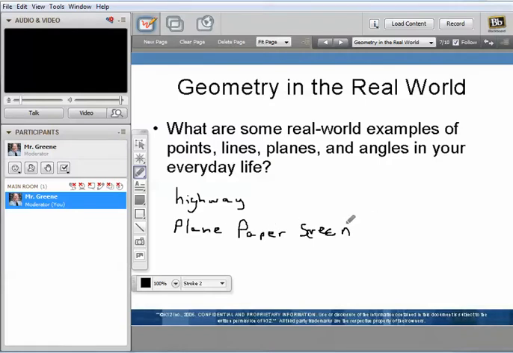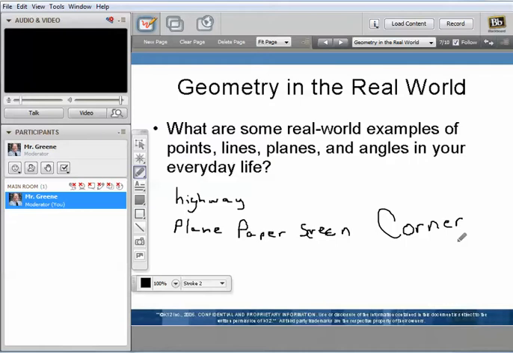How about an angle? Can you think of a real-world example of an angle? Well, how about the corner of your room? Unless you live in a round room, the corner of your room forms an angle. You got two planes that are coming together, the walls. And when those two walls come together, they form an angle.